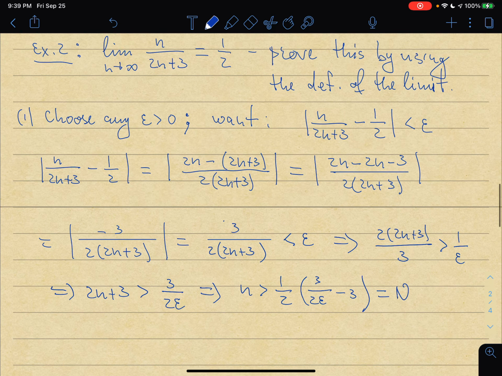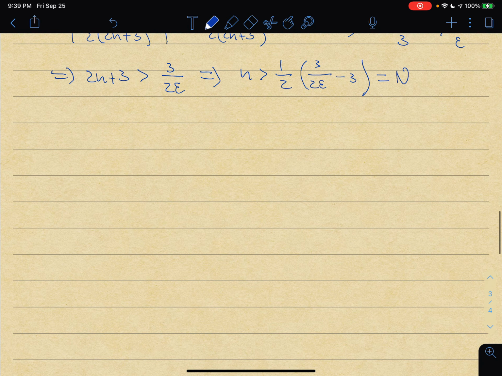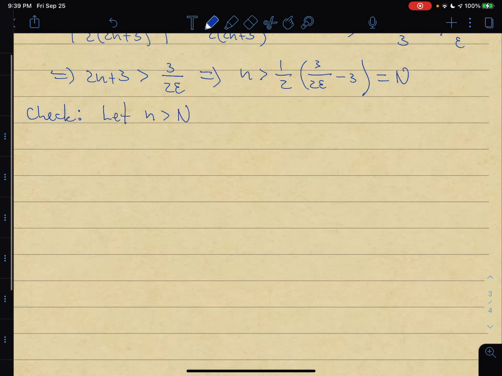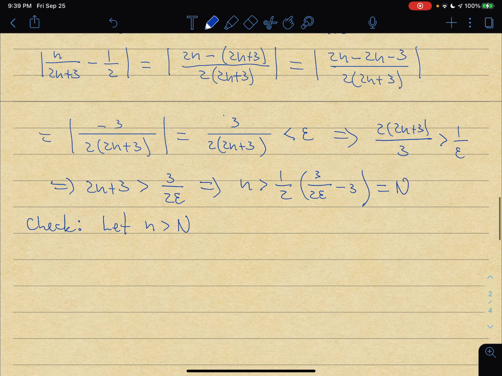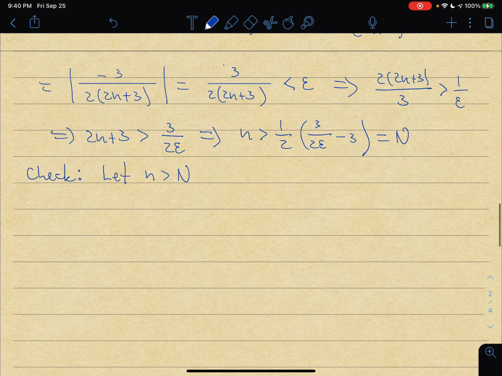And so now, the second part, just like before, we're going to check if this N works. So check. Let n be bigger than capital N. Actually, let me do it once.